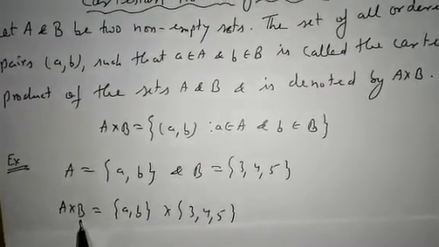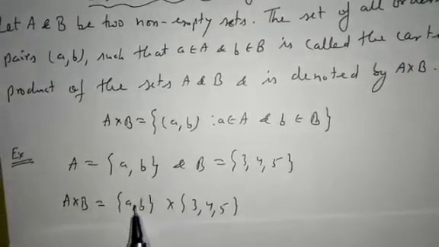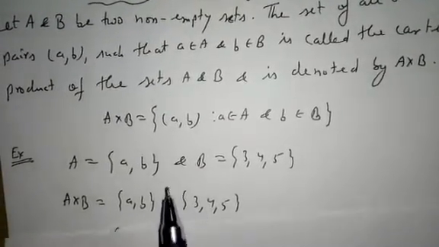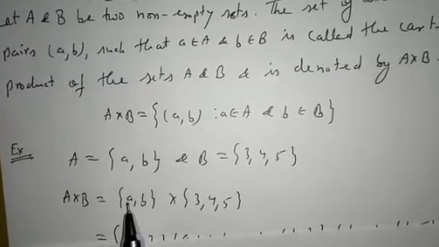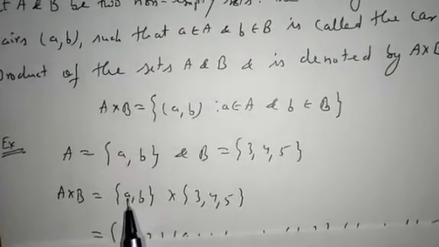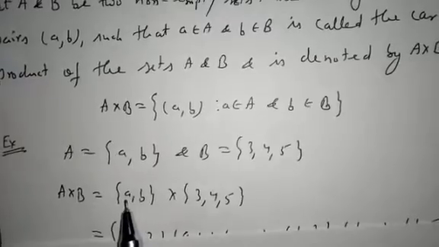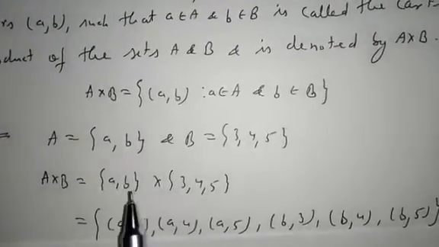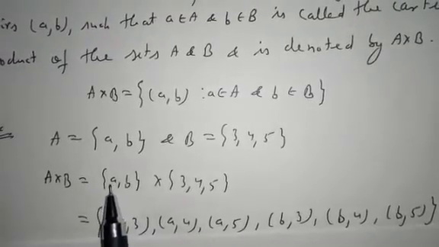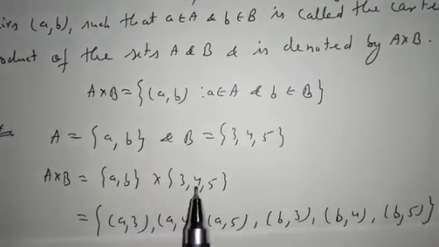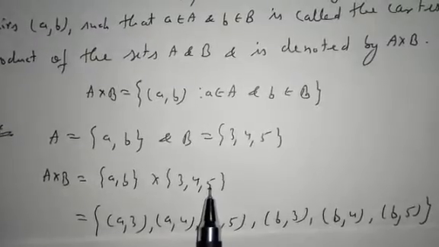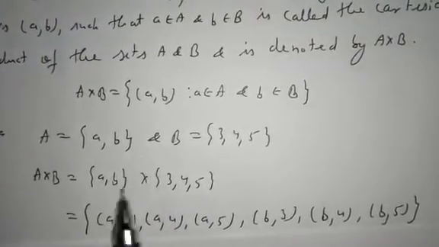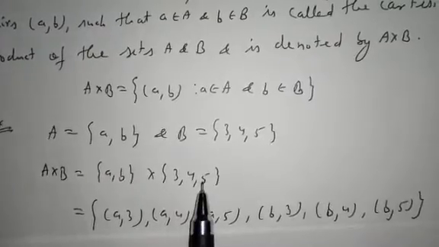So A × B means we take the cross product of first set elements and second set elements. In the ordered pair, the first entry will be from the first set and the second entry will be from the second set. So we have (a, 3), (a, 4), (a, 5), then (b, 3), (b, 4), (b, 5).